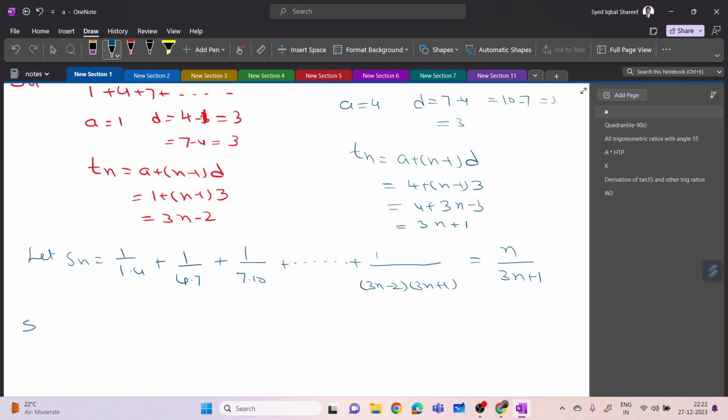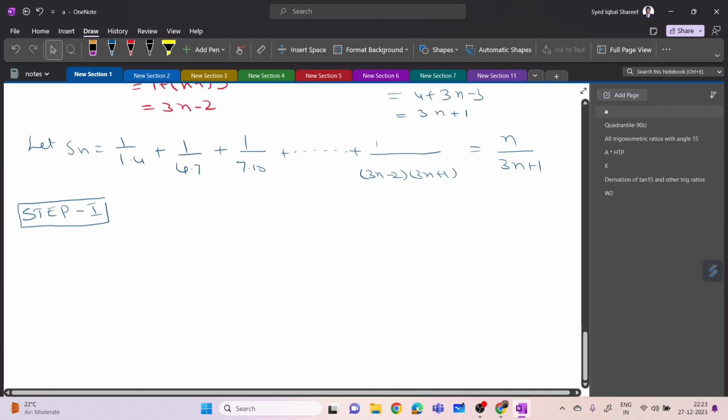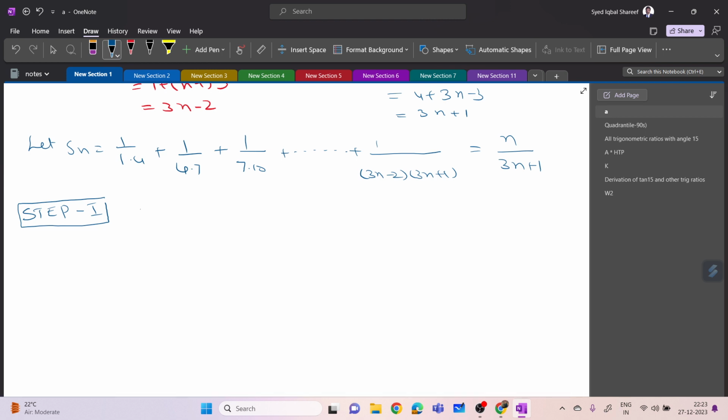Now the problem is in shape. Now we'll go for the first step. Now we have the n-th term. Previously we didn't have the n-th term, so we had to find it up to the n-th term. Now Sn equals this. The first step, what we have to do?